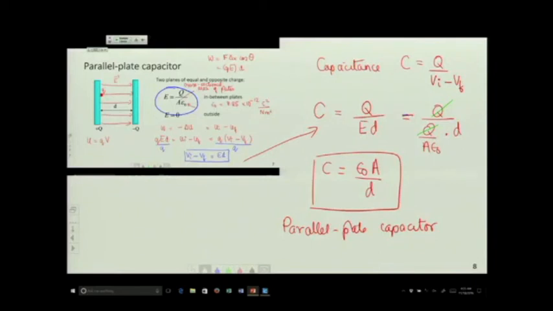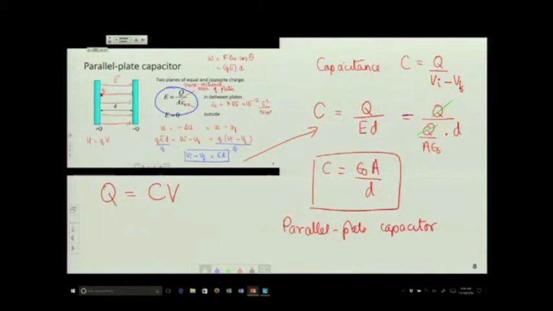So this means if I have more area, I can store more charge. So capacitance, remember, is your ability to store charge. The larger the capacitance, the more charge I can store. Okay, and you can see this by looking at this definition of capacitance. So this tells me the charge I can store depends on the capacitance and the voltage.